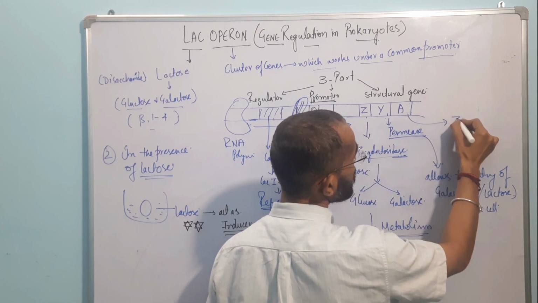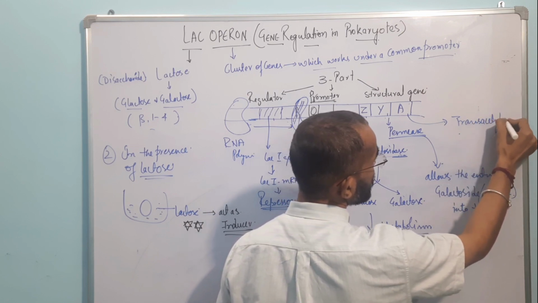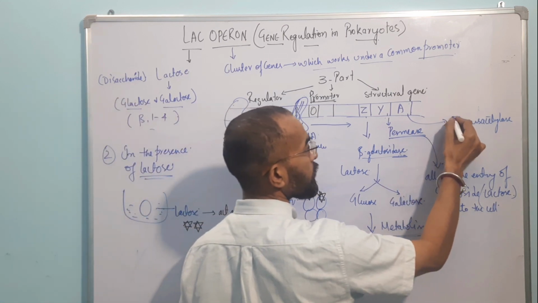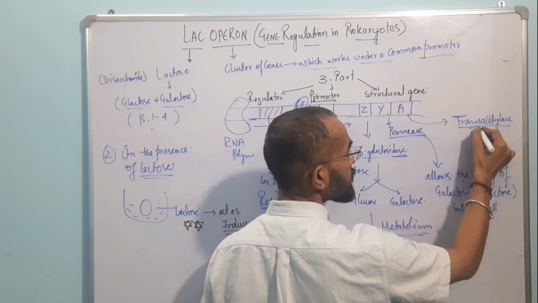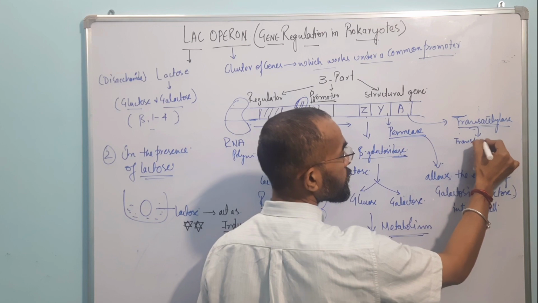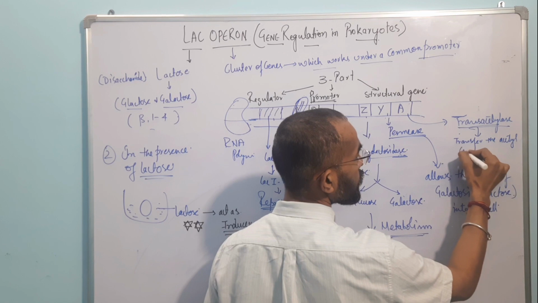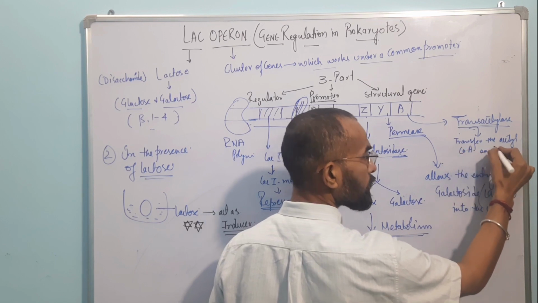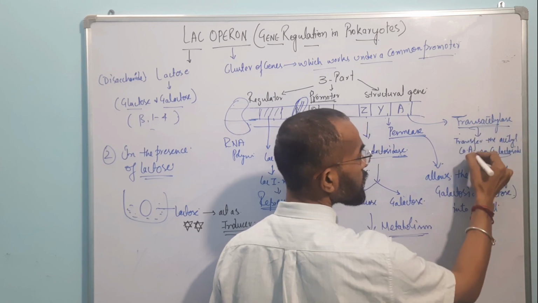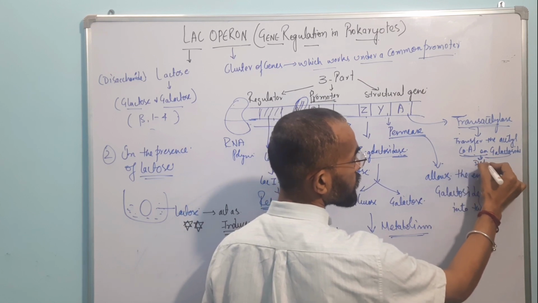And the A gene transcribes to form mRNA, which then upon translation forms an enzyme, transacetylase. Transacetylase actually transfers the acetyl coenzyme A on galactosides. It is actually not a function of metabolism, it is a function of detoxification.